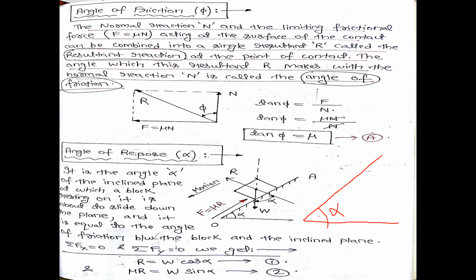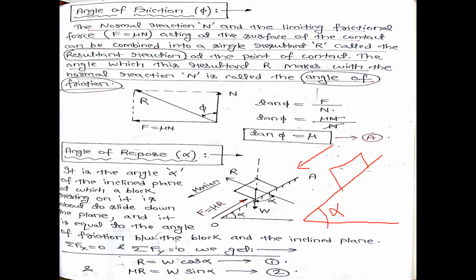If the inclined plane is rough in nature, then definitely friction will exist between the contacting surfaces. Now on this inclined plane, let us keep a body. Let this body be sliding down the inclined plane. That means the motion of the body is in this direction.